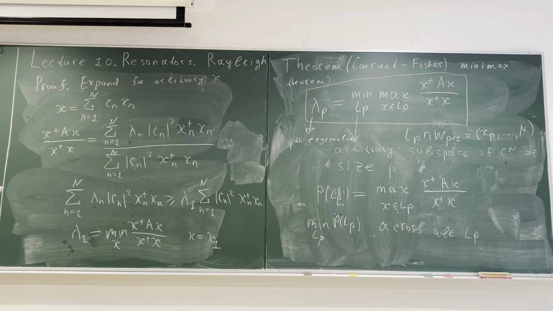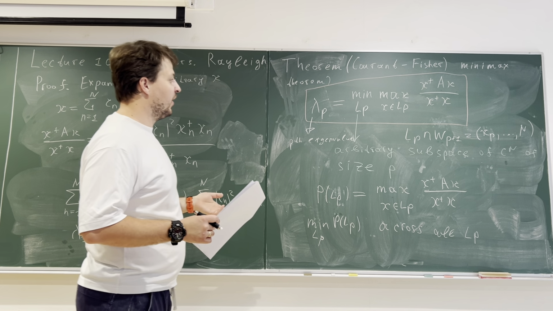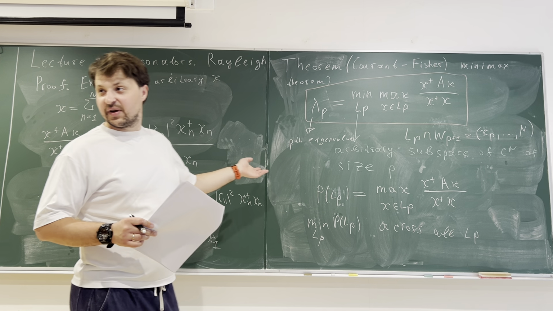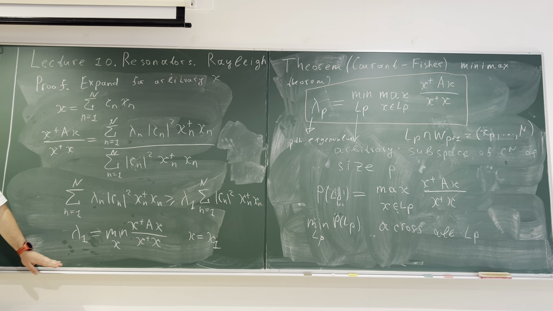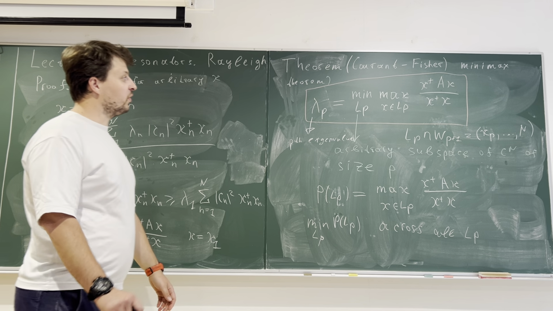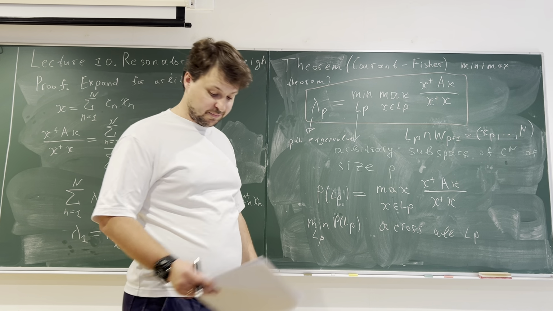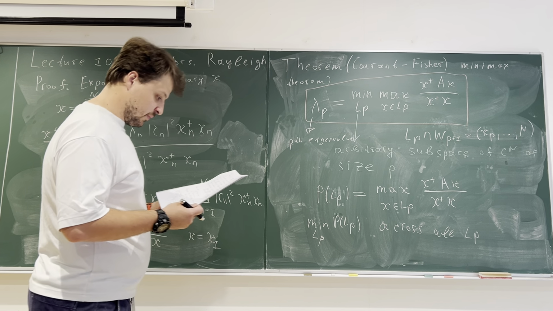And what should we say for P equal 1? We have this formula. It makes sense because there is no maximum, because there is only one space of size 1. It's just built on one eigenvector.